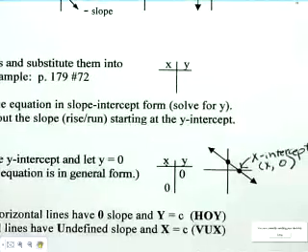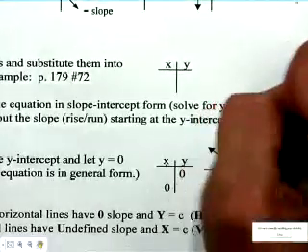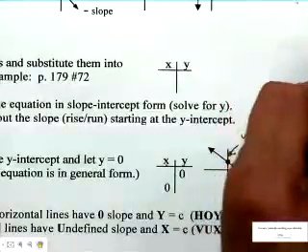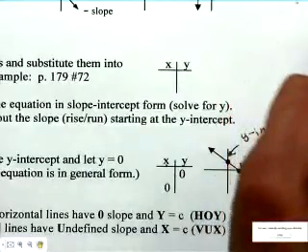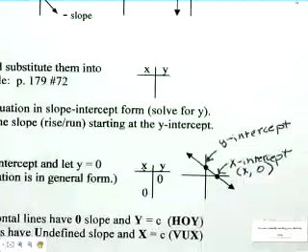And what about the y-intercept? That's the point where the graph crosses the y-axis. What's true of any point sitting on the y-axis? Its x is 0.